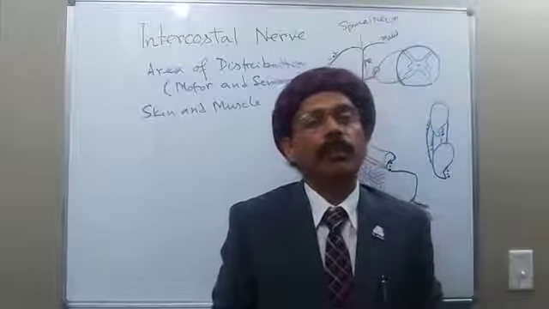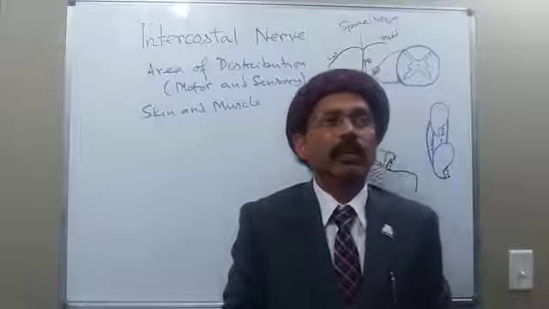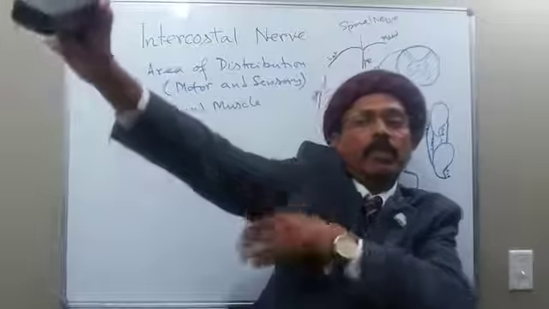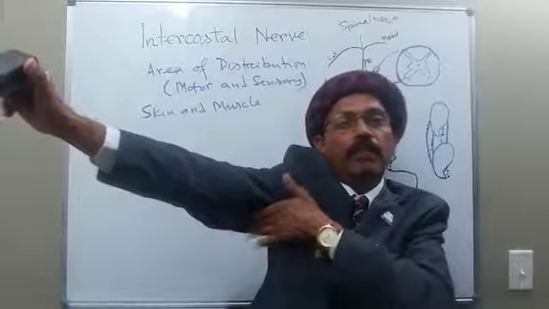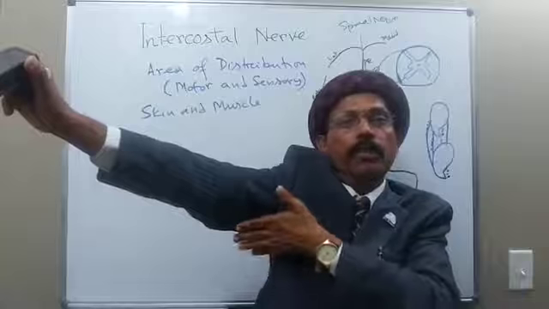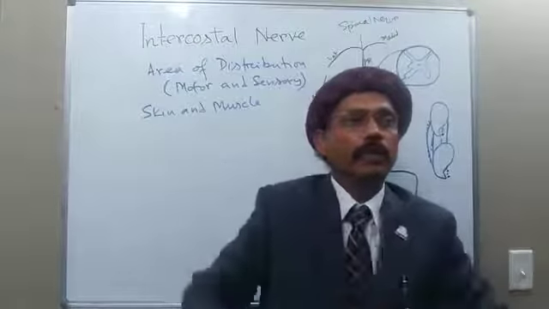Intercostal nerve innervates the parietal pleura. It innervates the skin of the upper arm, especially the intercostobrachial nerve, also the lateral cutaneous branch of T1, T2. The lateral cutaneous branch of T2 is also called the intercostobrachial nerve.